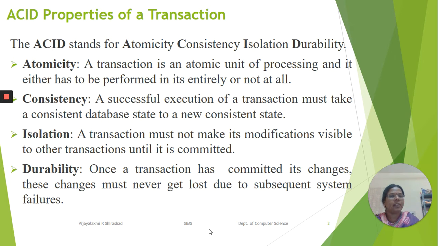Consistency: a successful execution of a transaction must take a consistent database state to a new consistent state. Isolation: a transaction must not make its modifications visible to other transactions until it is committed. Durability: once a transaction has committed its changes, these changes must never get lost due to subsequent system failures.